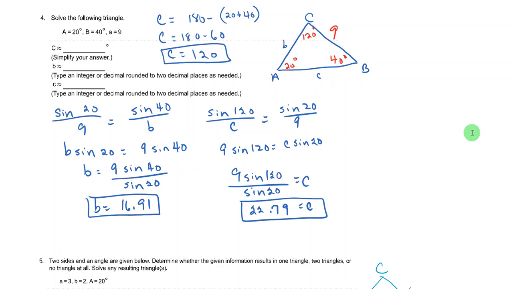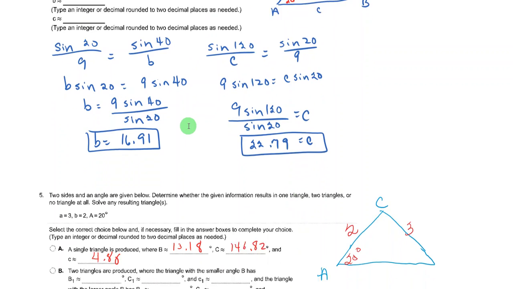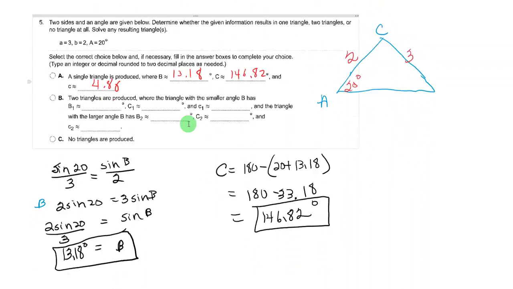So now we have the picture, and we're going to solve from there. We found the C being 120 because that was the part we didn't have. Then we use the law of sines to find side B and side C. All right. Let's go to number 5.